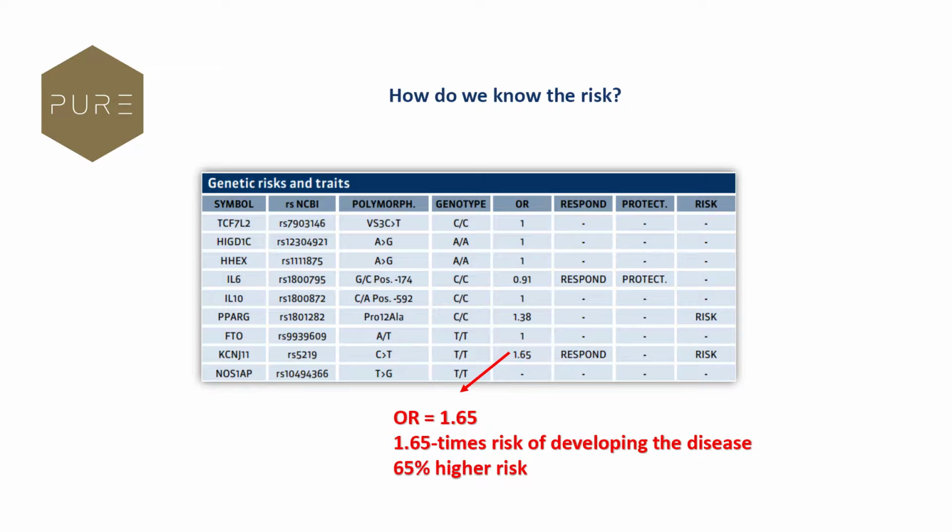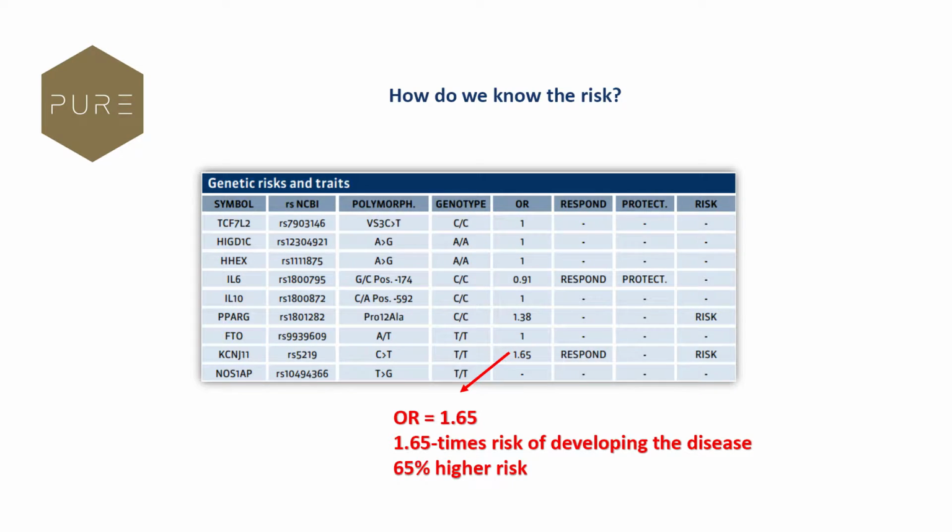And here's the odds ratio. So the CC genotype, the genetic result, the genotype it's called, has an odds ratio of 1. So if in this gene you have a CC, then you have a normal risk of developing the disease, diabetes. So it's not a risk. So if we look at this one here, for example, KCNJ11, if you have TT, so both genes here have the variation and the genetic defect, so to speak, then the odds ratio is higher, and it's a 1.65.